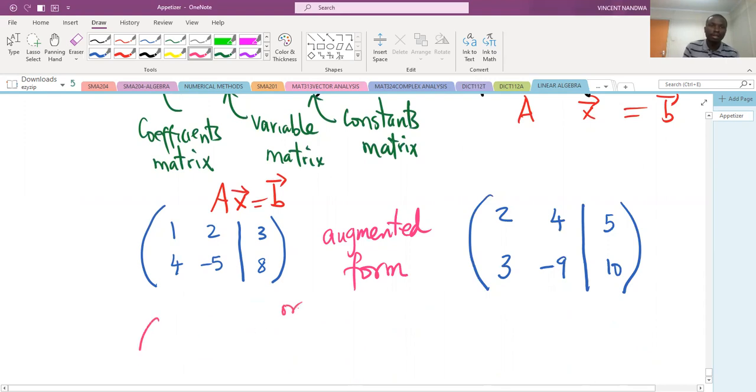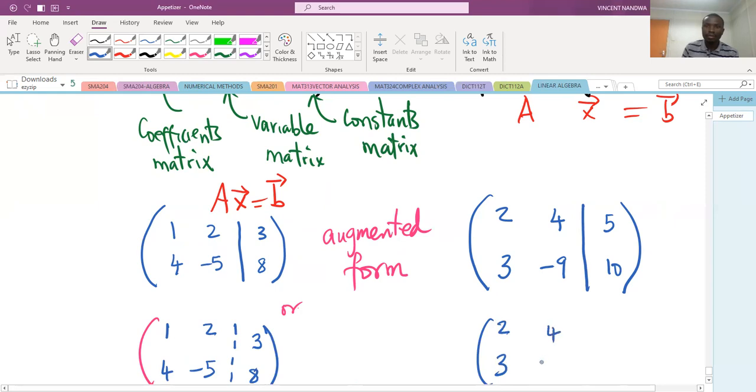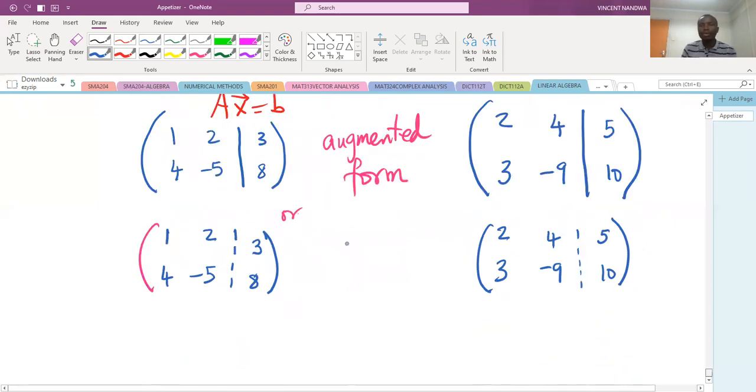So 1, 2, 4, negative 5, then instead of a solid line, just put a dotted line, and then 3, 8. And this other one will be 2, 3, 4, minus 9, dotted line, and then 5 and 10. So this is what we call the augmented matrix. You can either use a vertical line or a dotted vertical line. All of them are accepted.